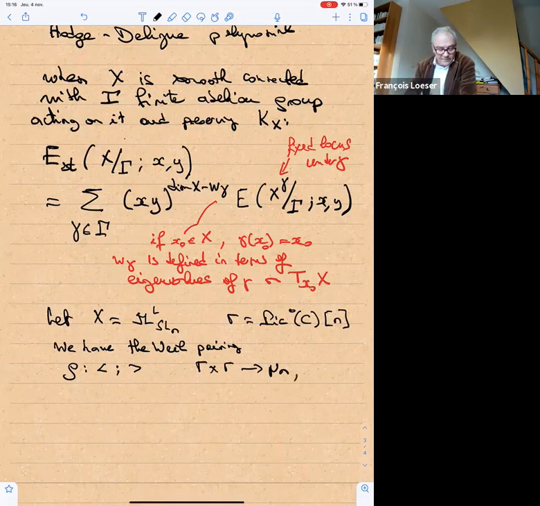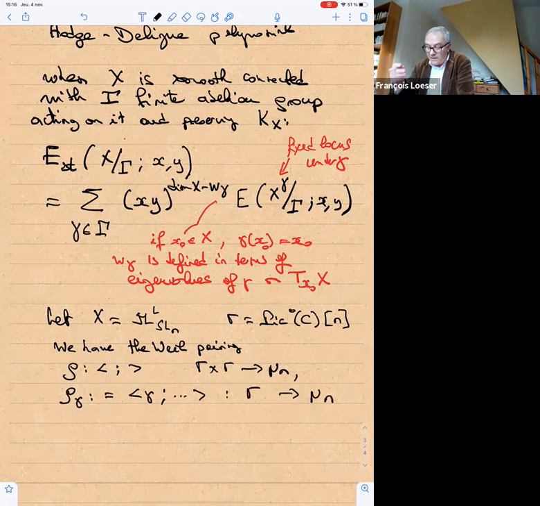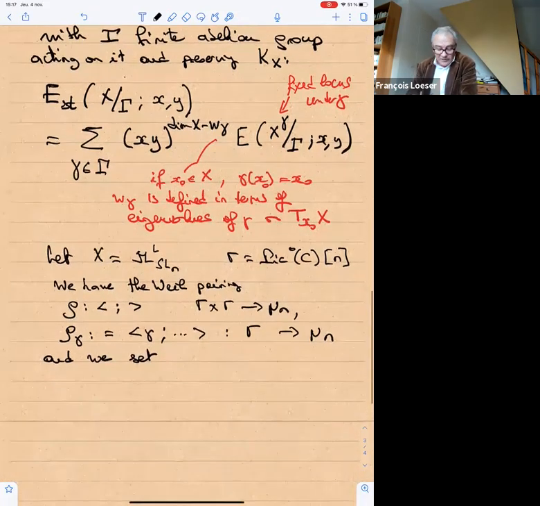So we can set, we have a character by just fixing gamma and putting it in the bilinear form. And okay, this is the end of this complicated definition. So we have the stringy E polynomial, and we can twist it by the character rho.